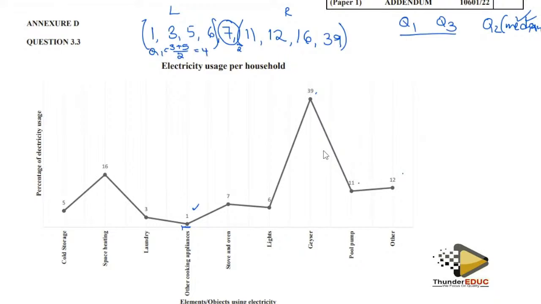Then the median on the right-hand side, still I'm remaining with two numbers. I will add them and divide by 2. This is the same as 28 divided by 2. I get the answer as 14. So this one becomes my upper quartile, and this one is my lower quartile.